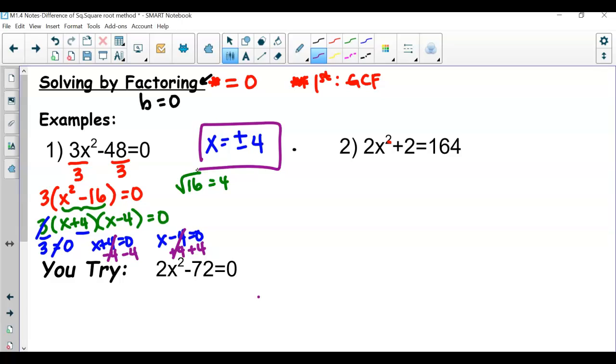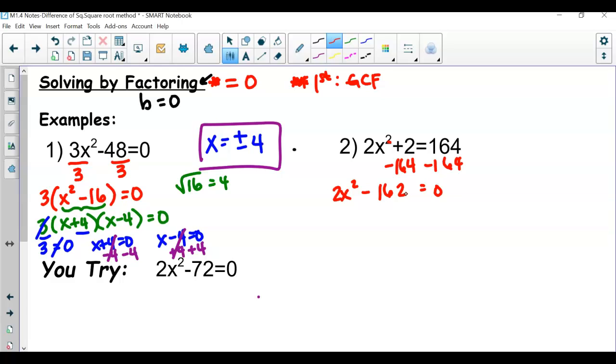So let's look at example 2. Is our equation equal to 0? No. So what do we need to do first to get our quadratic equal to 0? Subtract 164. So we're going to subtract 164 here from both sides. So now I've got 2x squared minus 162, because they're like terms here, is equal to 0.